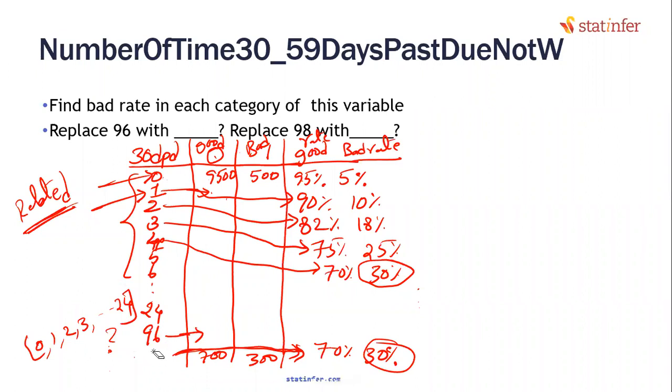Instead of 98, I can keep 4 here. Totally based on the bad rate: bad is distributed similarly in a bucket that is permissible. Here 98 is not permissible. Then I would say maybe these guys are falling from here. It is justified if I replace that with this one.